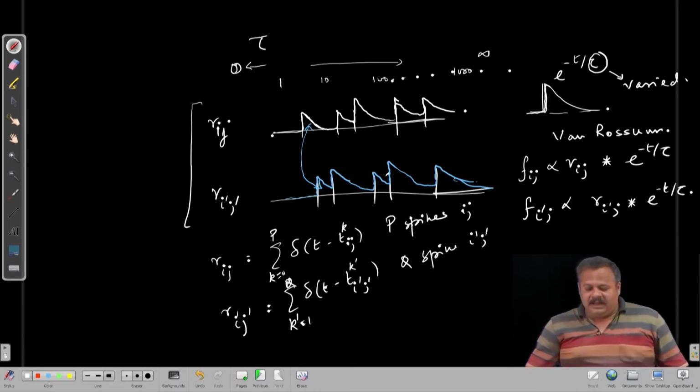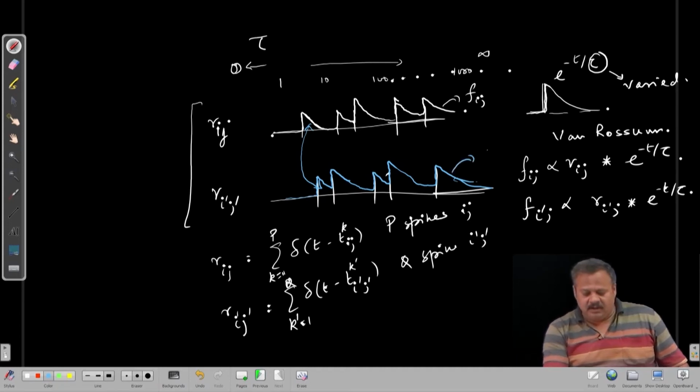So this is the white curve that we have here. This is our Fij, and the cyan curve is our Fi'j' over t.